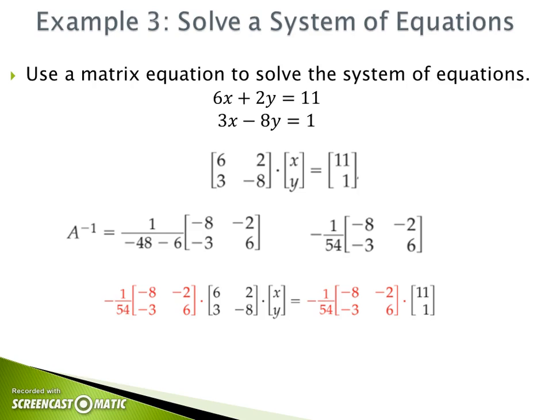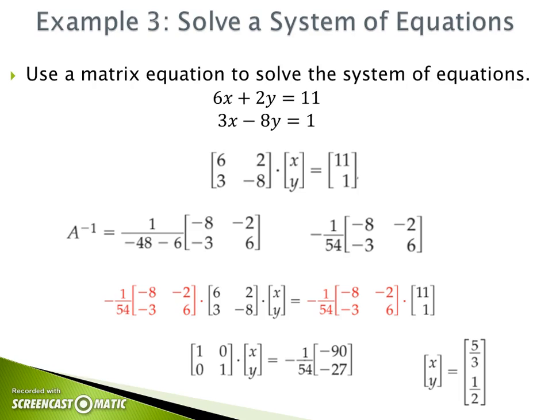And so the idea here is that we get the identity times the variables, which is what we want. We're solving for x and y, which equals negative 1 over 54 times negative 90, negative 27. So that's after we multiply the matrices. And so therefore x equals 5/3, y equals 1/2.